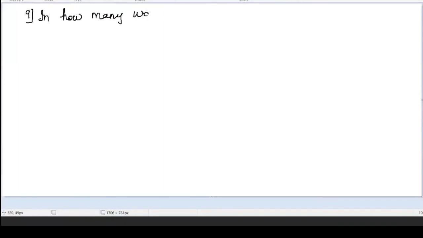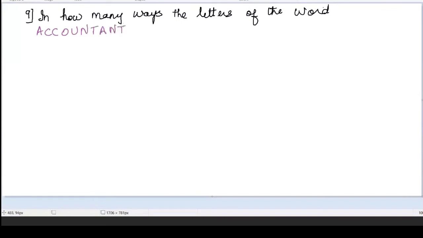In how many ways can the letters of the word ACCOUNTANT be arranged?